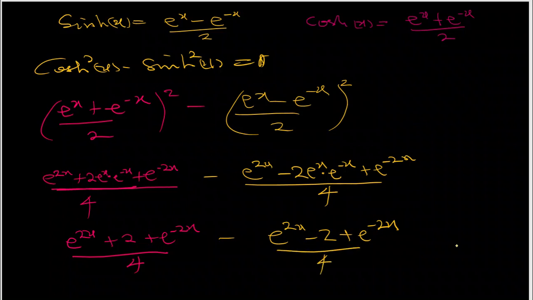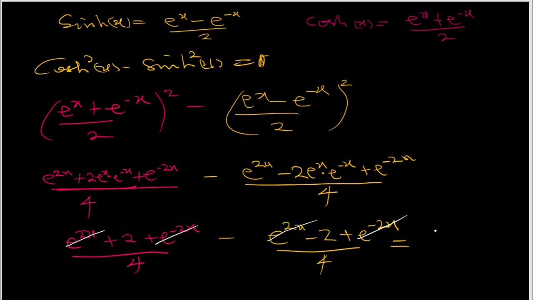Since the denominators are the same, we can actually subtract the numerators. So e power 2x will take care of e power 2x. And then e power minus 2x, when they subtract, will go off.